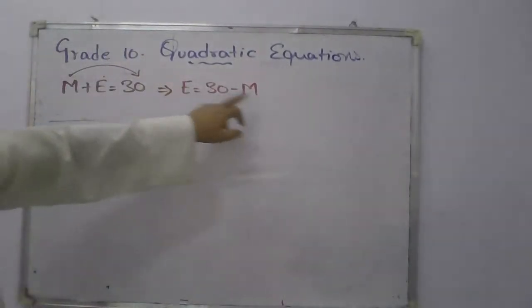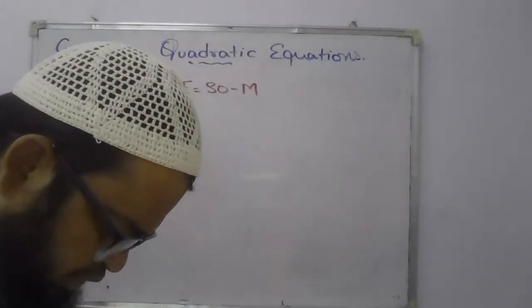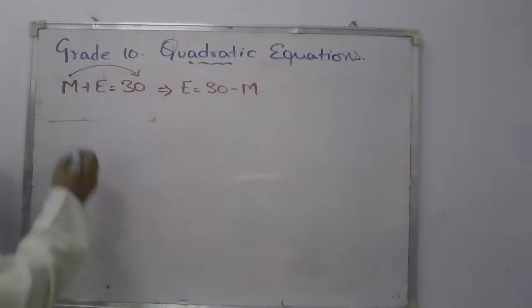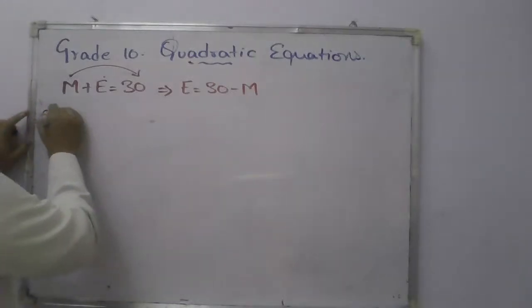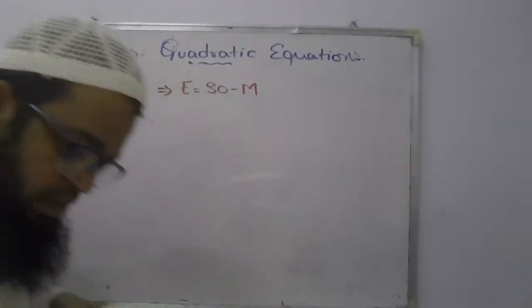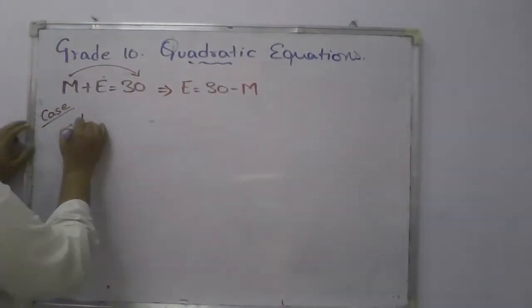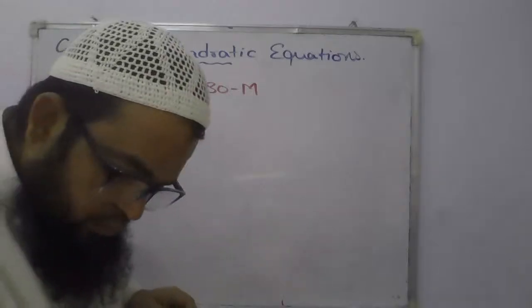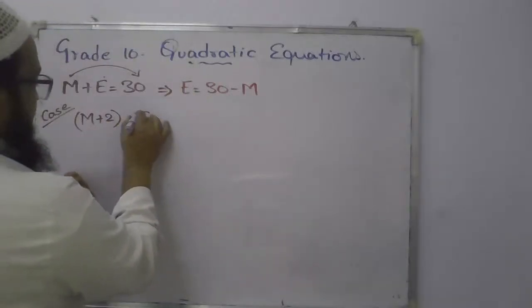So English is equal to 30 minus M. Very good. If she had 2 marks more, we did M minus 2, I think so. In the given case, he has given 2 marks more. So mathematics, you have to get 2 more, and English, you have to get 3 less.